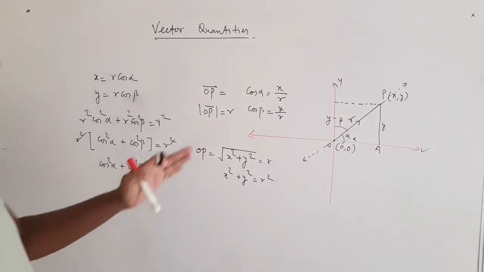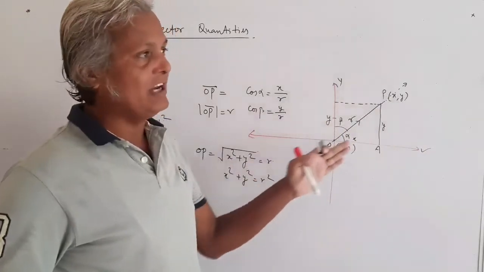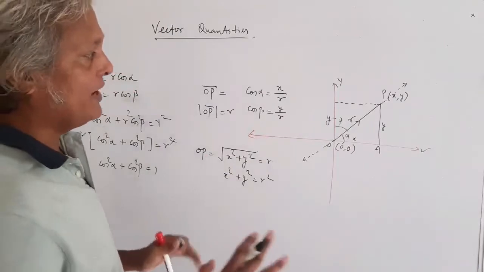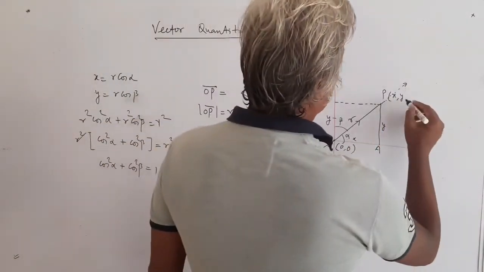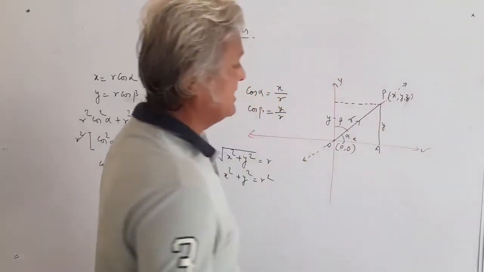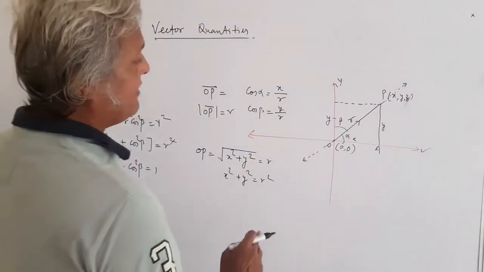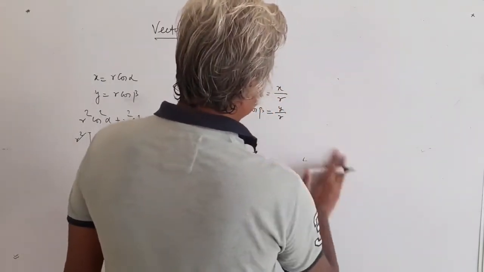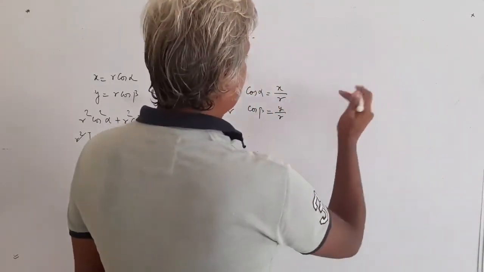So if we assume that the point P, which is right now in this two-dimensional plane, is in space, then this point will be given with 3 coordinates x, y and z, and our x-axis and y-axis all become very different.